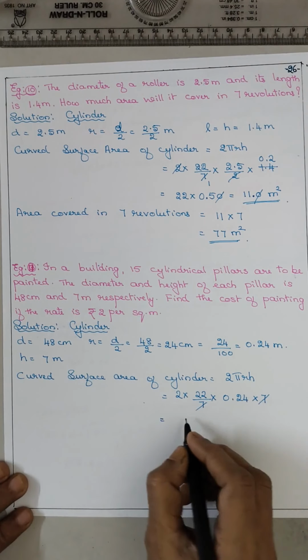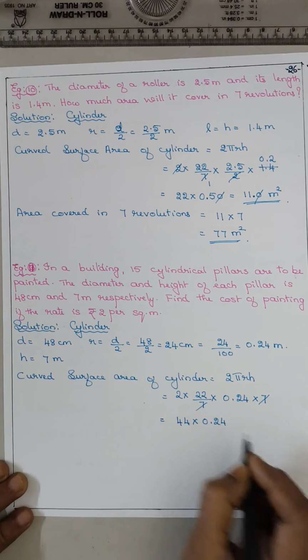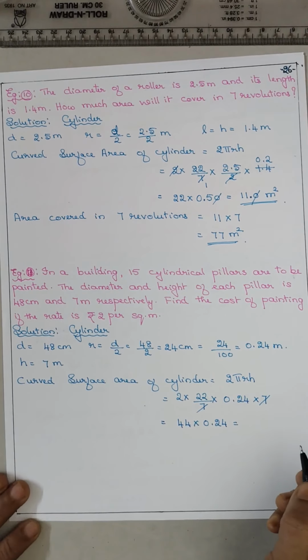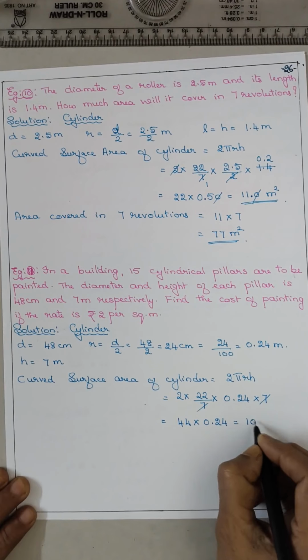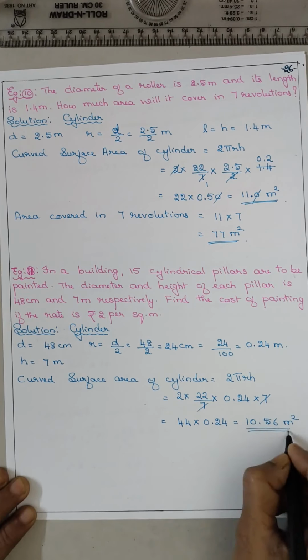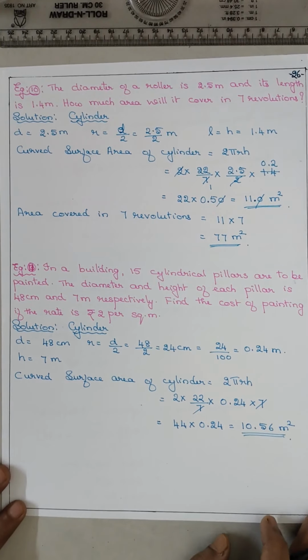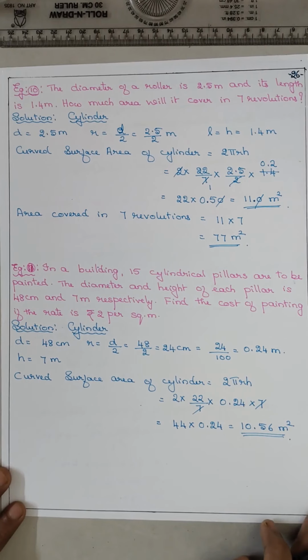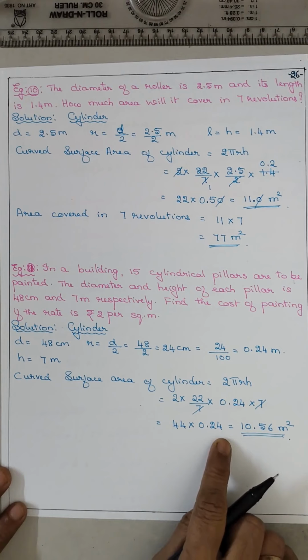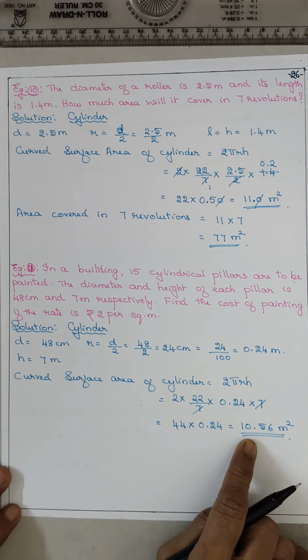You get 22 2s are 44 into 0.24. When you multiply, you will get 10.56 meter square. In this lesson, you have a lot of calculations, isn't it? So be careful. 44 into 24 you get 1056, but with 2 decimals, so 10.56 meter square.